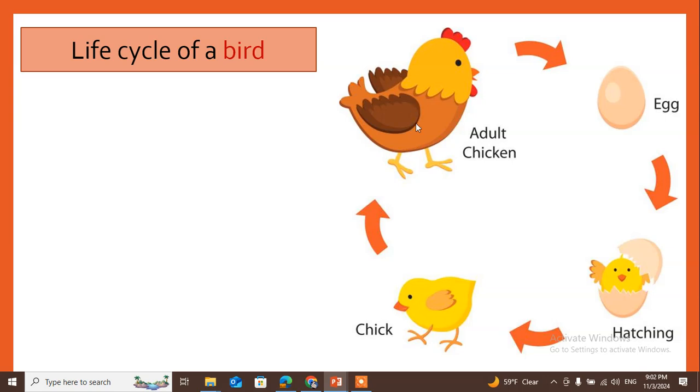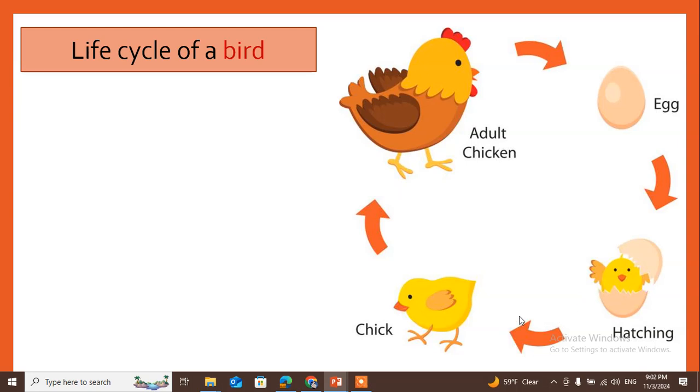A mother bird or a mother chicken lays eggs. A chick grows inside this egg. Then it hatches from the egg. This is hatching, right?